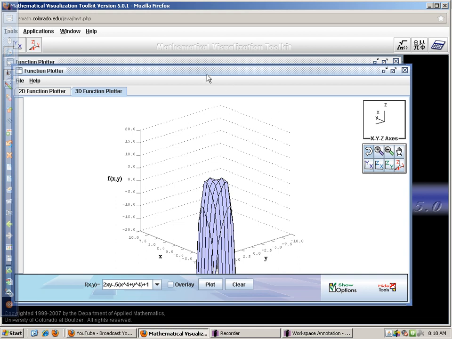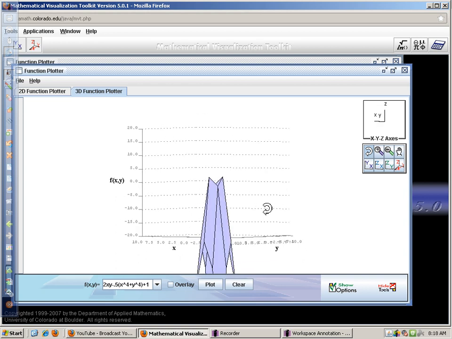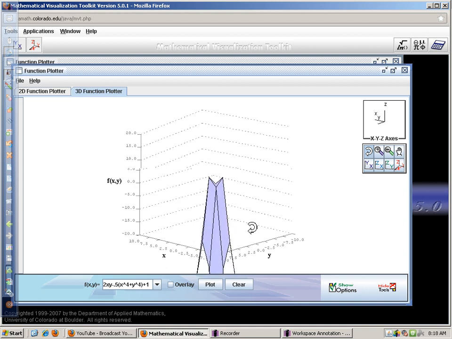Now, again, I wanted to remind you about the CU Mathematical Visualization Toolkit, something that's available online if you want to look at graphs of these functions to have an idea of what you're working with. You can always access that just online. You don't have to download anything. I just Googled CU MVT to get this, and it'll plot these 3D functions, and it works pretty nicely.